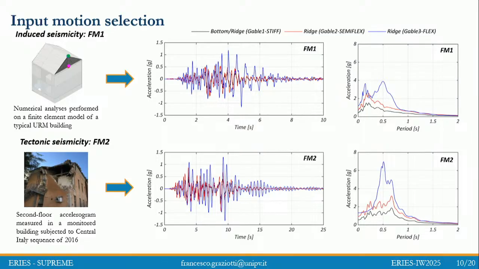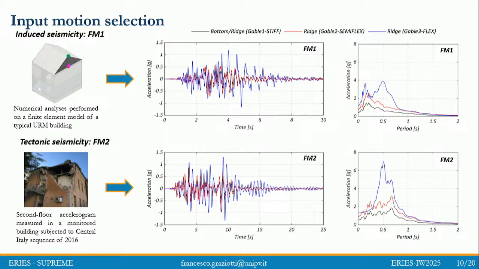In case of a stiff roof, we simply use the floor motion two times. In case of a semi-flexible roof, we scale up the exact floor motion, and in order to consider a completely flexible roof, we used a 0.5 second single degree of freedom elastic system with 5% damping, in order to obtain the spectrum.